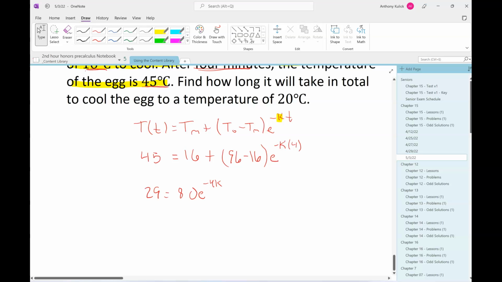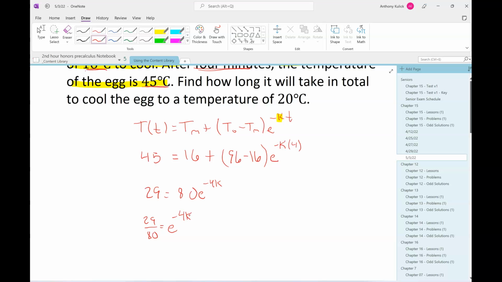All right, now what? Divide by 80. Yeah. Now it's time for which one? The natural log, ln.